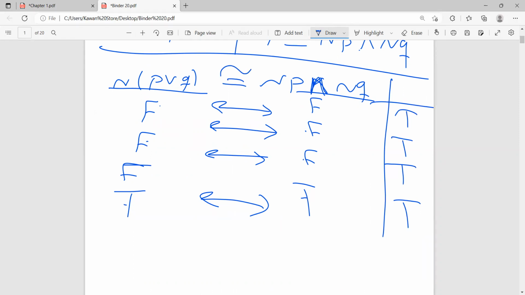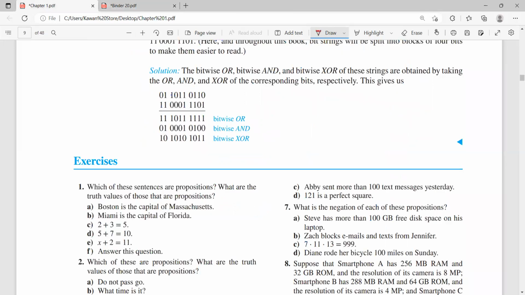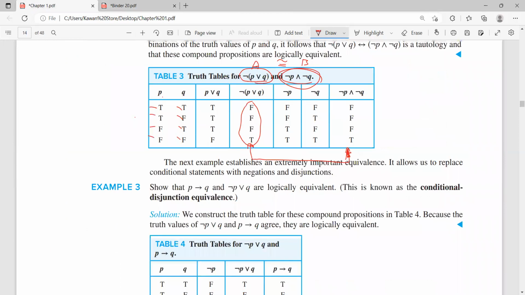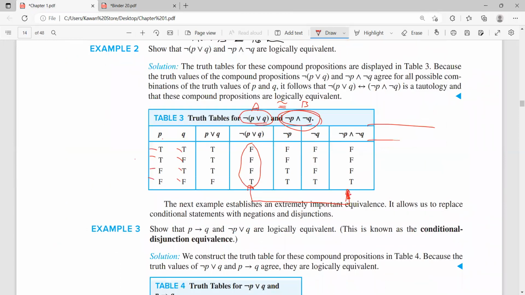As mentioned before, if they are 100% like each other, I combine them. There's A, there's B, and using if and only if we got true, true, true. So yes, they are equivalent.